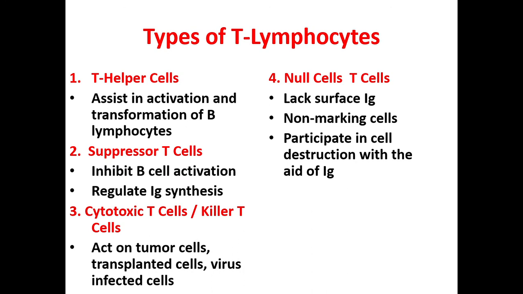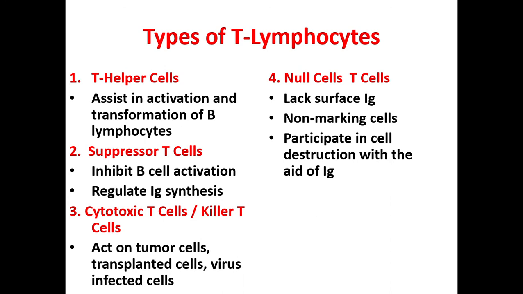We have here a list of the types of T cells or T lymphocytes with their characteristics and their function. So number one, we have the helper T cells. They assist in activation and transformation of B lymphocytes. Second, we have the suppressor T cells.